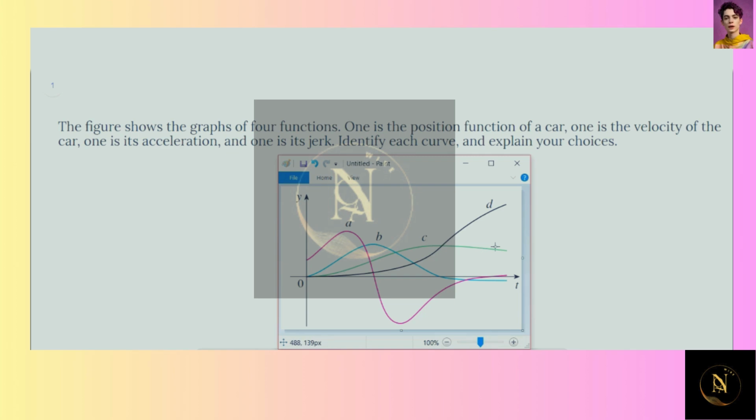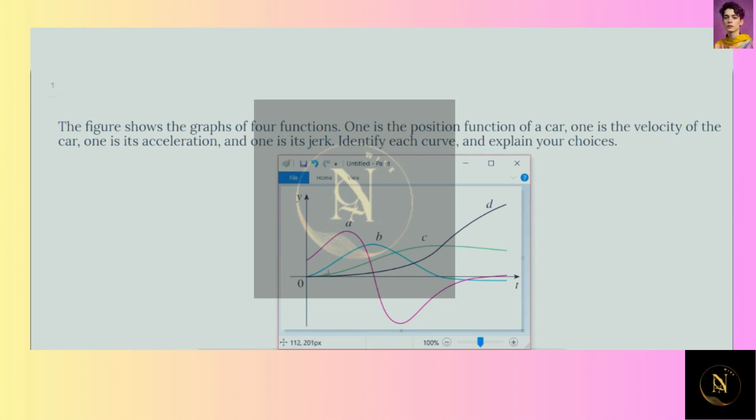We see that this is only true of graph C, because curves A and B have negative parts, meaning there's no way that curve A and curve B can describe the ever-increasing behavior of D. So curve C must be the derivative of curve D.